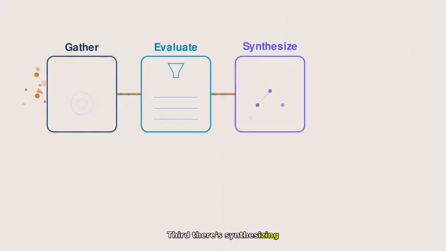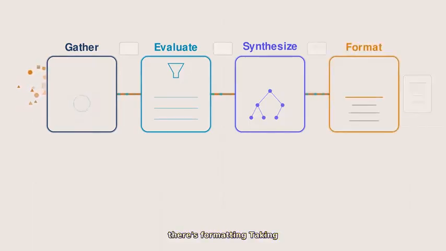Third, there's synthesizing, taking the filtered material and constructing a coherent argument, structure, or narrative. The model is asking, what does this all add up to? Fourth, there's formatting, taking the synthesized content and presenting it in the specific style, voice, and structure the output requires.